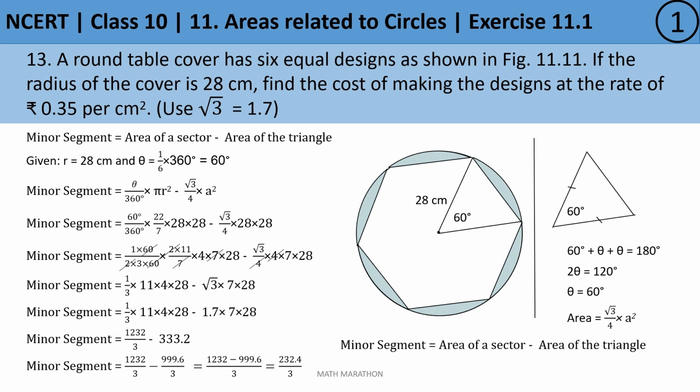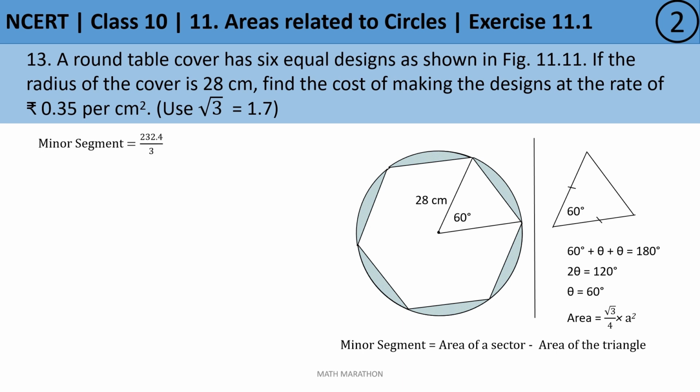Minor segment is equal to 1232 by 3 minus 999.6 by 3. Minor segment is equal to 232.4 by 3.